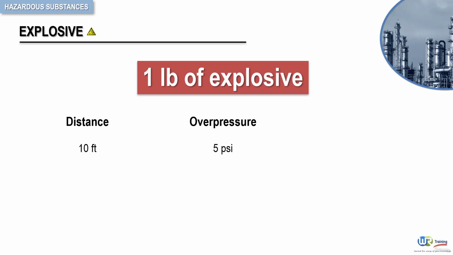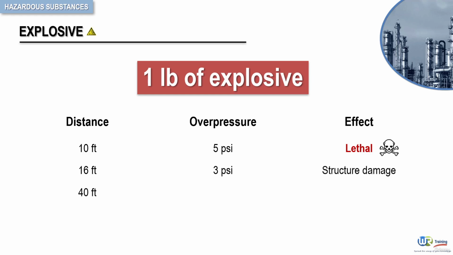Now, that's 5 pounds over normal air pressure. It is enough to kill you. At 16 feet, the overpressure has dropped to about 3 pounds, enough to do serious damage to structures and buildings. At 40 feet, about 1 pound, enough to break windows. At 250 feet, the pressure, about now 1/10 of a pound, is still enough to break some windows.